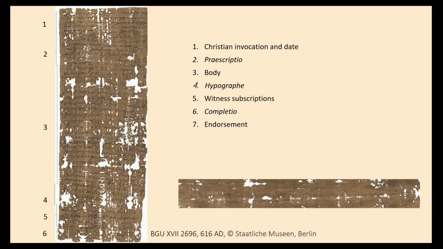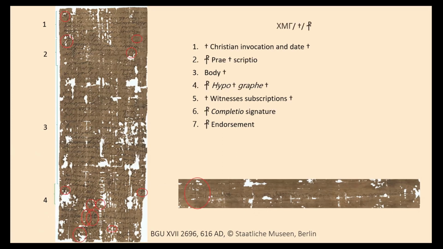This late antique hierographon is characterized additionally by the presence of Christian symbols, which served as visual markers between various sections of the document. Those Christian symbols do not all appear at once in late antique documentary papyri, but their number increases over time.